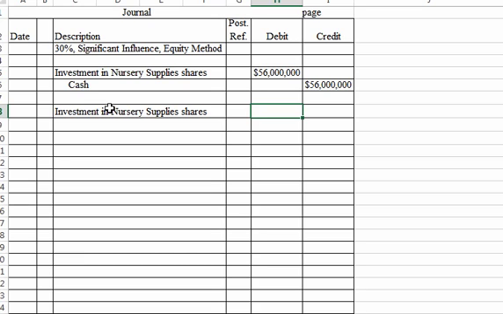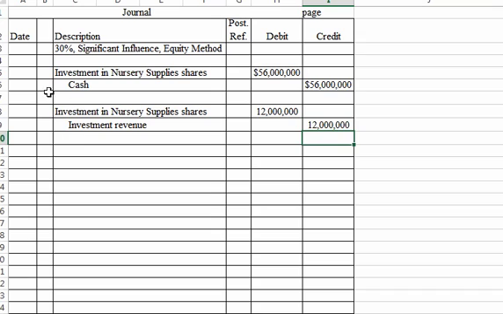Alright, they purchased 30% of the shares, so they get 30% of the net income. So that equals $40 million in net income times 0.3. So that's $12 million, their share of the net income. And the account to credit is the revenue account, investment revenue, for $12 million.